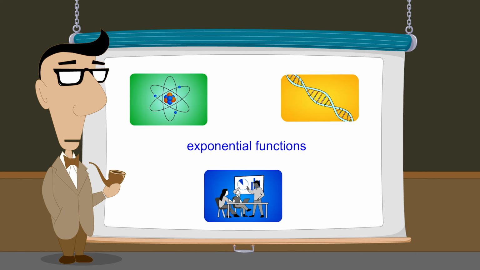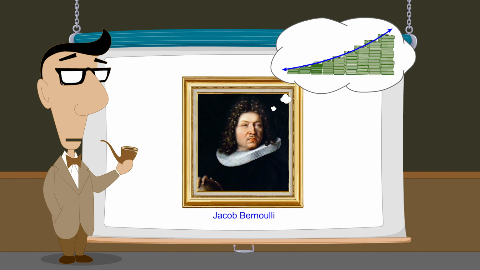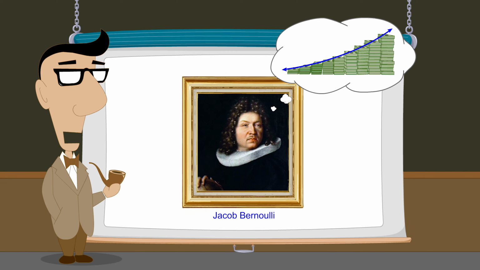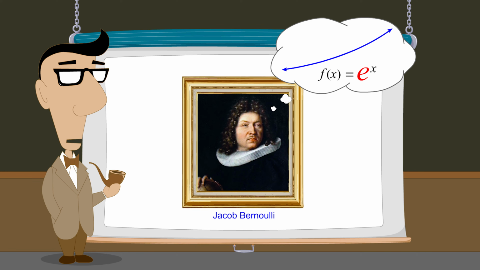Exponential functions were first explored by the Swiss mathematician Jacob Bernoulli in 1683 as a way of computing continuous compound interest. His research led to the development of the exponential function, whose base is the constant e, also known as Euler's number.